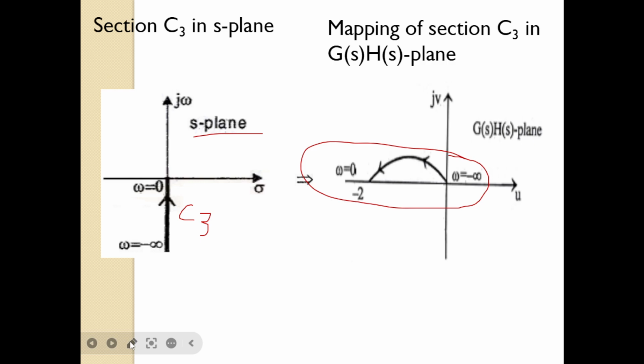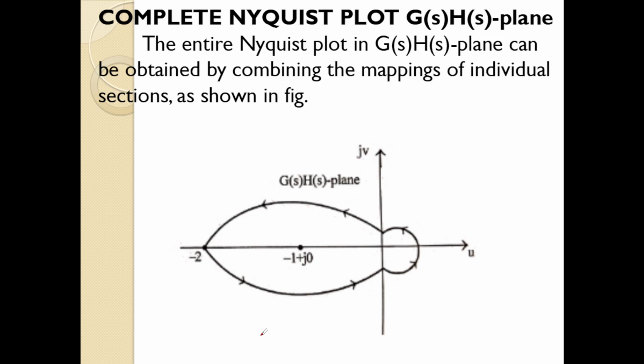Therefore we can say that the open loop transfer function has one pole at the right half of the S plane. The open loop transfer function will have one pole, since it is encircling -1 plus j0 in the anti-clockwise direction only one time.